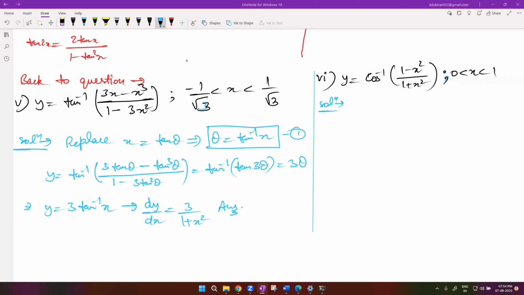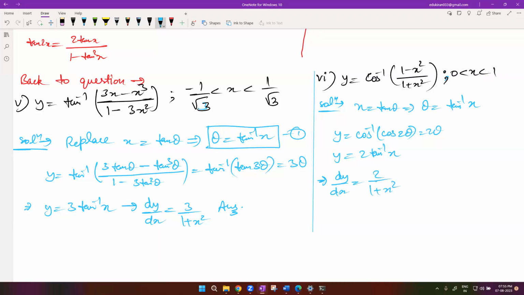So we have to substitute x as tan theta, so that your theta becomes tan inverse x. And this will be 1 minus tan square theta upon 1 plus tan square theta, which will be cos 2 theta. This becomes cos inverse of cos 2 theta, which is actually 2 theta. So basically y is equal to 2 tan inverse x. So dy by dx will be 2 upon 1 plus x square.